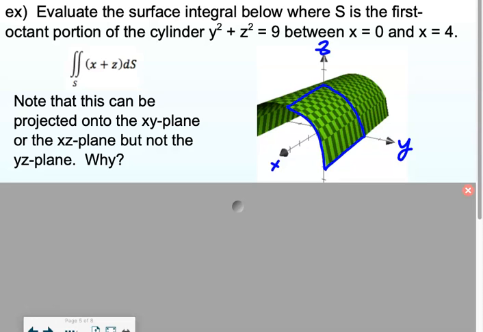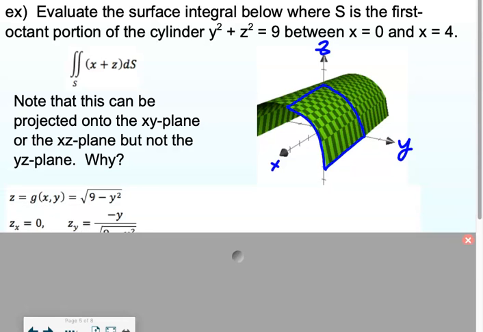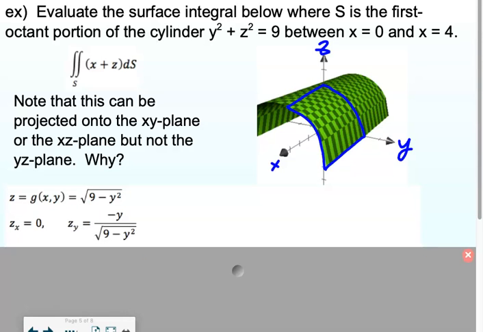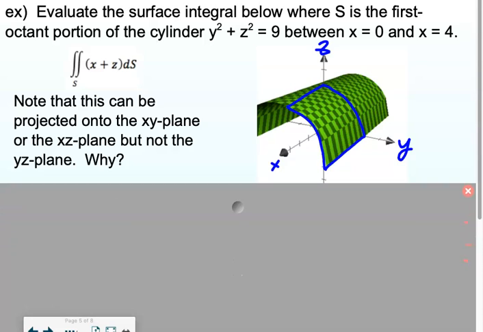It wouldn't work. So you can do XY or XZ, whichever one you prefer, but you can't do YZ. So do you want to do XY or XZ? I did XY. Let's do XY.